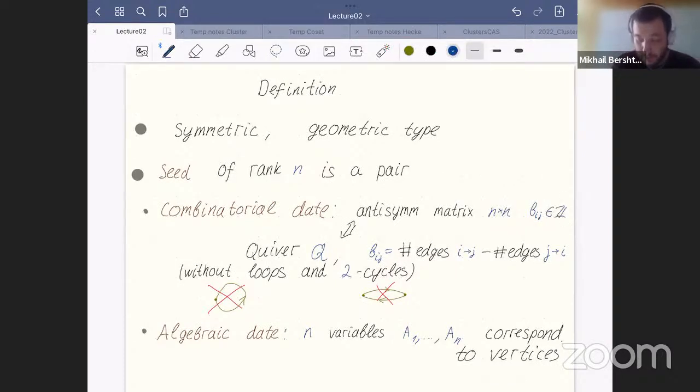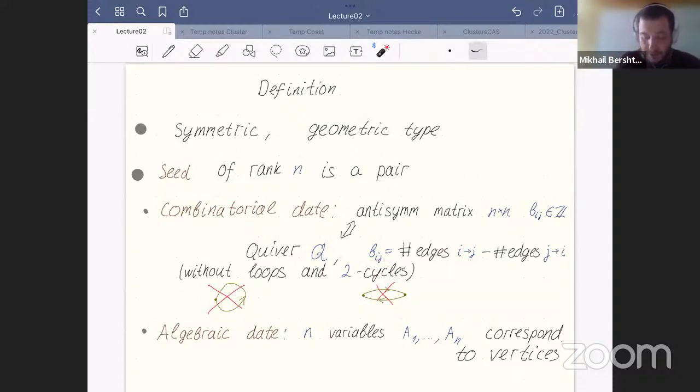All these numbers are integers, therefore this matrix can be encoded in terms of a quiver. A quiver is an oriented graph which has n vertices, and B_ij is just the number of edges from i to j minus the number of edges from j to i.